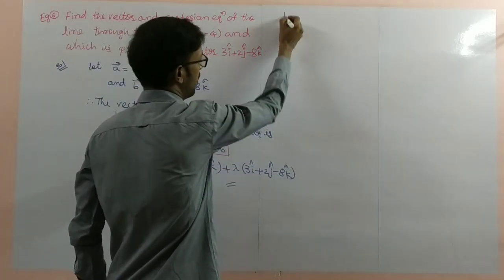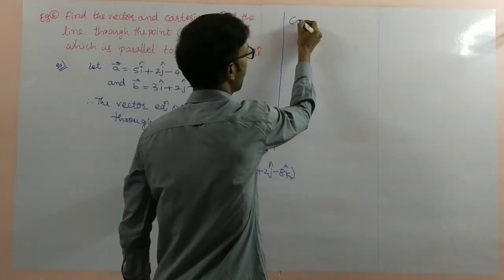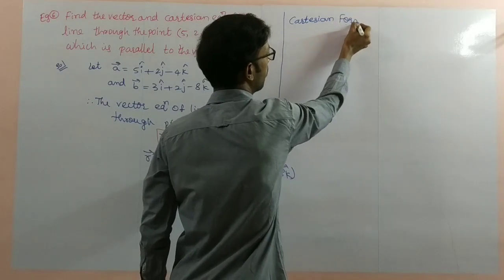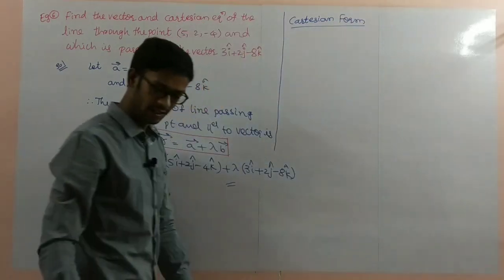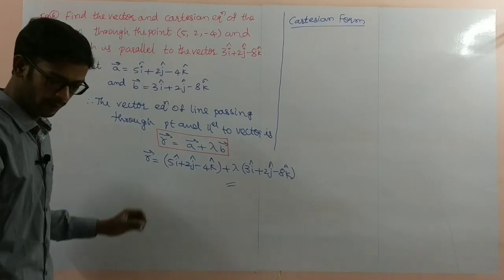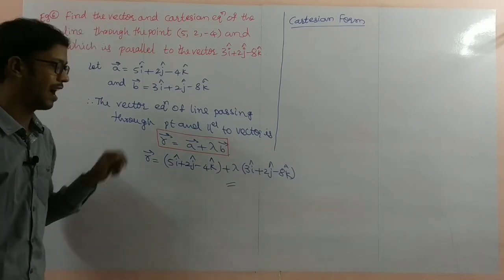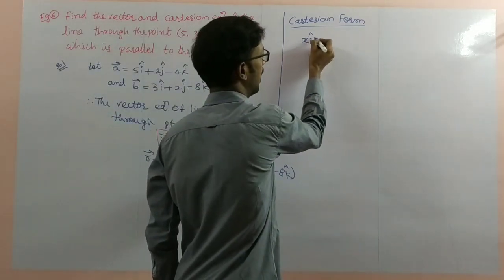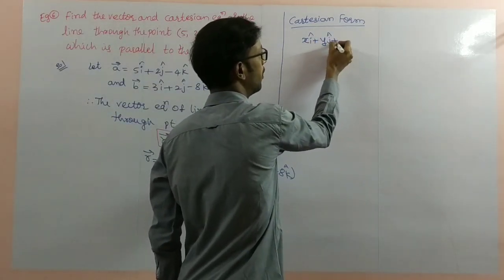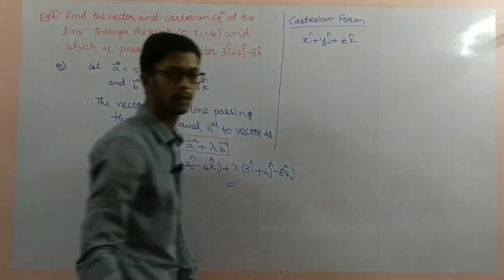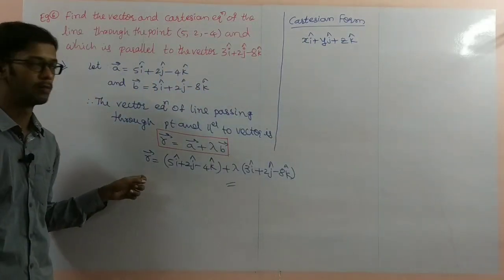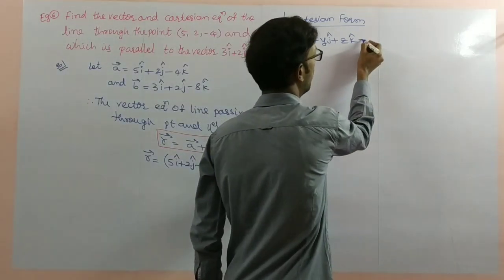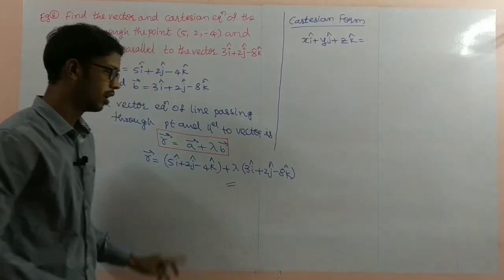Now the Cartesian form of the equation. For the Cartesian form, you directly substitute r bar. R bar is the position vector of OP bar, x i cap plus y j cap plus z k cap. Substitute x i cap plus y j cap plus z k cap equal to this one.